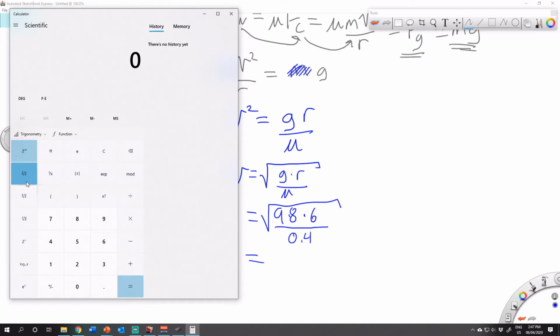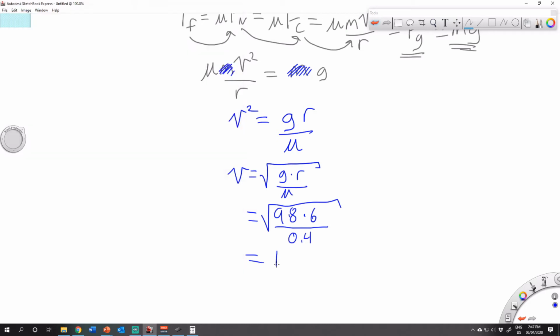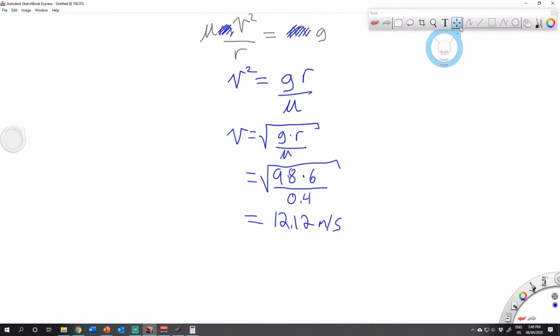So 9.8 times 6 divided by 0.4 equals, square root it. There we go. So the ride needs to spin at about 12.12 meters per second. Rounding this to proper significant figures, probably 12 meters per second.